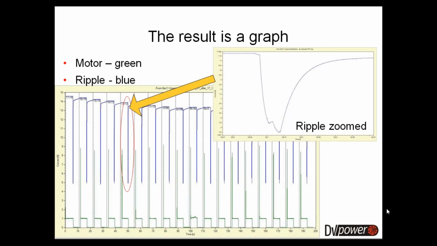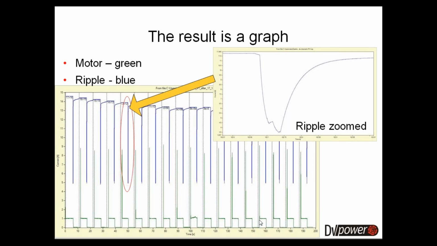And this way you can get the best possible result and best way to detect if any tap changer problems are present. Together with the graph shown in blue, you can also record the motor currents of the tap changer, which is shown in green in the lower graph on the lower part of the screen.